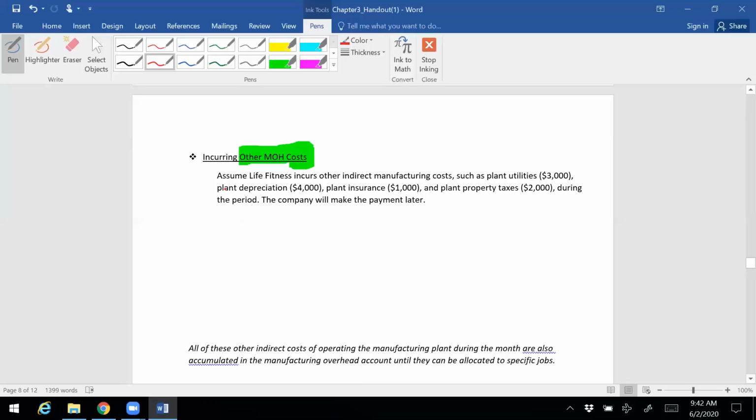You cannot tell me that out of this depreciation of $4,000, $500 goes to that specific job. So what should we do? Similarly to indirect labor and indirect material, we first put it into our manufacturing overhead pool. When we get a general idea of how much should go to that specific job, we can allocate a portion to work in process.